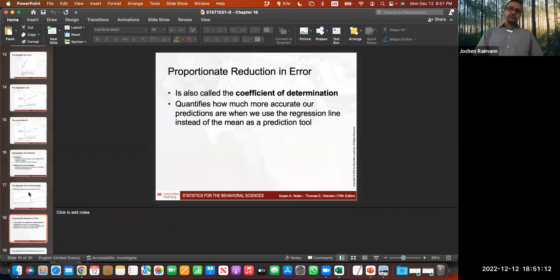And this tool is essentially the so-called proportionate reduction in error, or also called coefficient of determination. So it basically means how accurate is now the prediction of my value when I use this regression function rather than just use the mean of y.